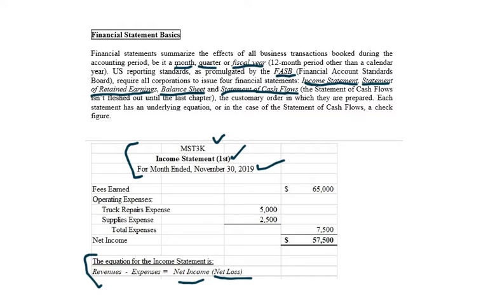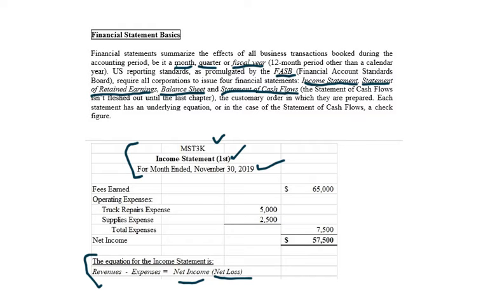Doesn't matter. Earned is the standard that we're going to abide by across the board. Same thing is true for expenses. Not every expense that you'll have incurred necessarily is something you paid cash for. I'll give you a formal definition for what kind of accounting we're doing, but that's going to be in a later video.